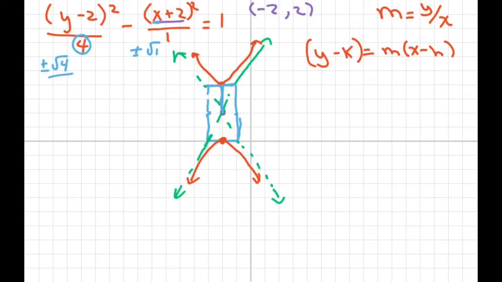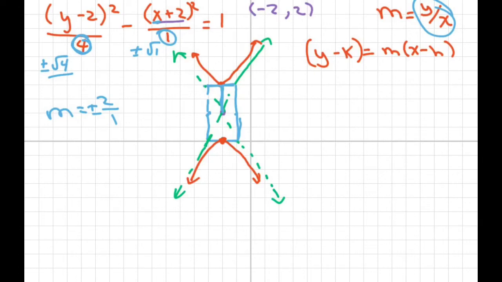So I know my slope is just going to be the square root of this number over the square root of that number. So the slope is going to be plus or minus 2. I'm taking the square root of my y over the square root of whatever's under my x, but we're going to do plus and minus because we have two asymptote lines.